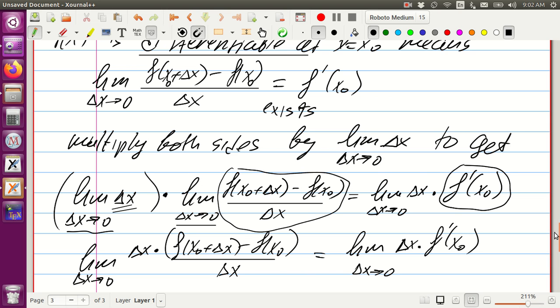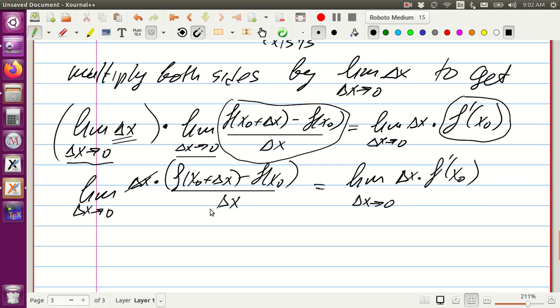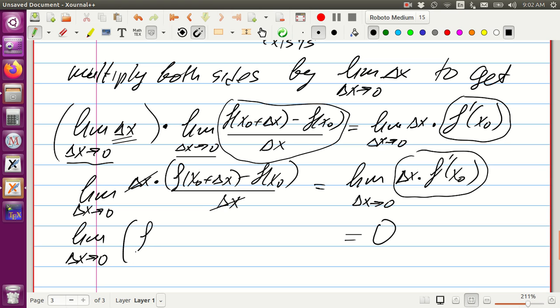So let's look what we get. This delta x and this delta x we can divide. And here, by direct substitution, if we plug in 0 for delta x, 0 times constant will be 0. So on the right side, we get 0. On the left side, we get limit when delta x goes to 0 of f of x sub 0 plus delta x minus f of x sub 0.